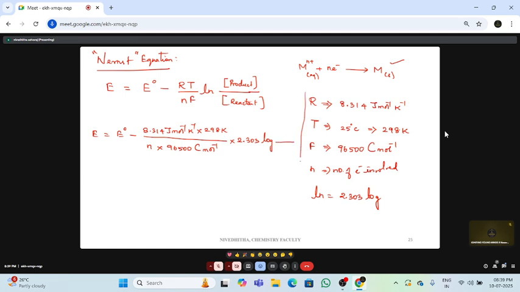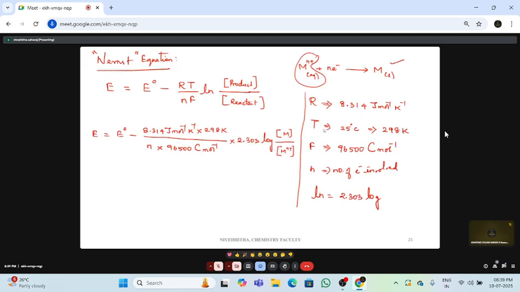Here, what is the product? This metal is the product, right? So concentration of metal divided by concentration of metal ion. What is the physical state of metal? Is it solid, liquid or gas? Solid.